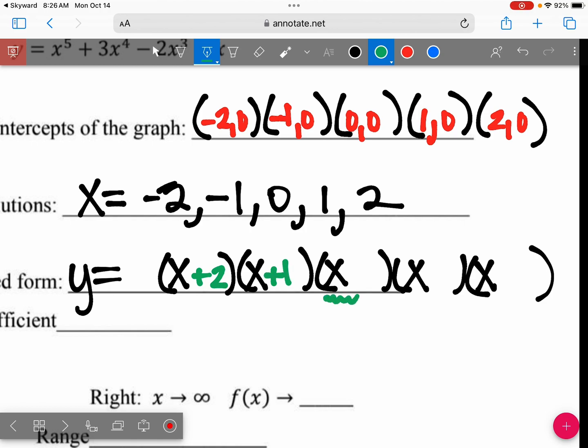Now this one, because it's 0, I'm just going to leave it by itself. You really have 3 options for that middle parentheses. You can leave the x by itself, or you could put a +0 or a -0. But adding 0 and subtracting 0 is the same thing as x. So I'm just going to leave that middle one by itself. And then I have the x -1 and I have x -2.